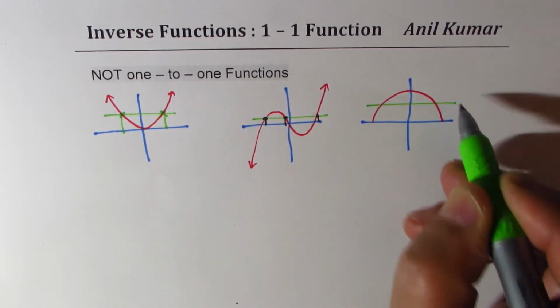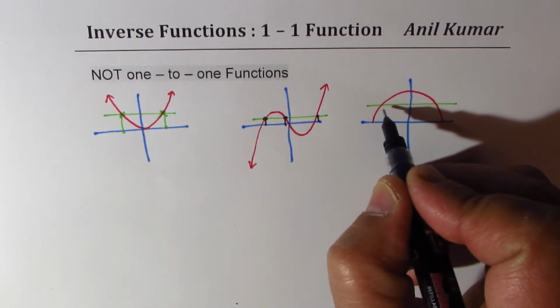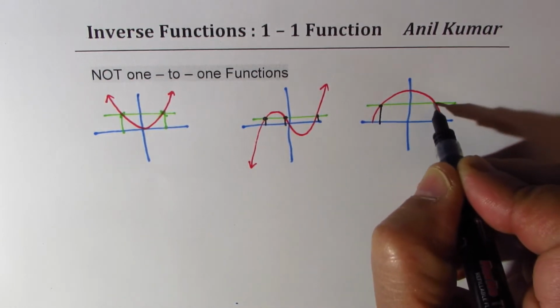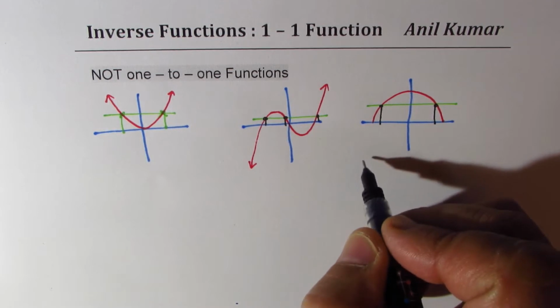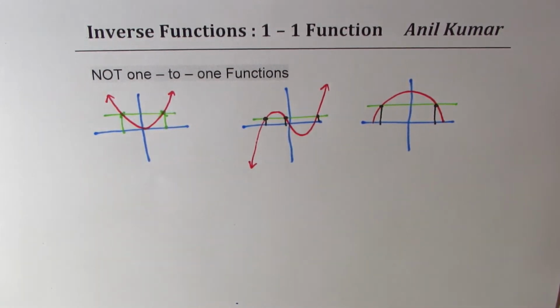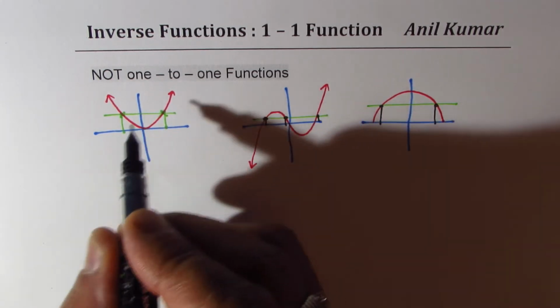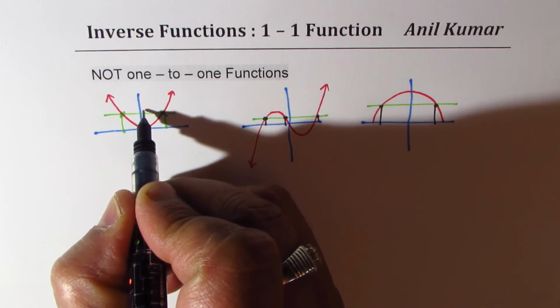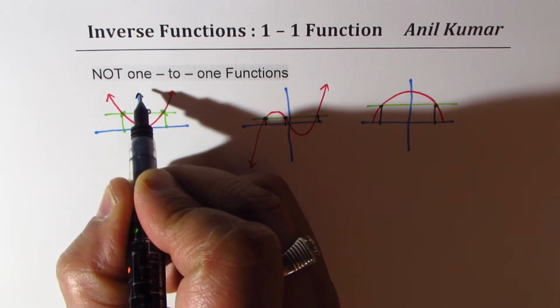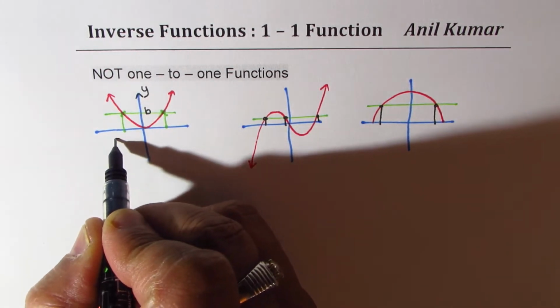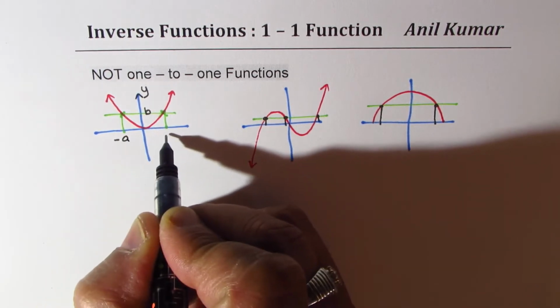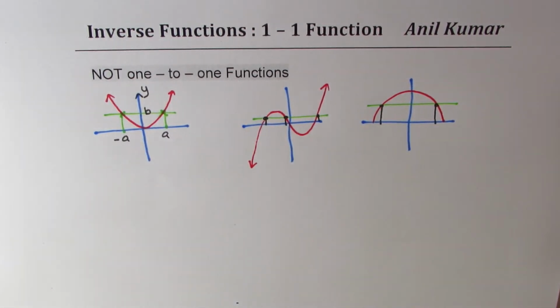In this case also, if I draw a horizontal line, then it corresponds to two different x values. So what we have shown here is that the value, let's say value b for y corresponds to, in this case, minus a and a, two different values. Correct? So this is not one-to-one.